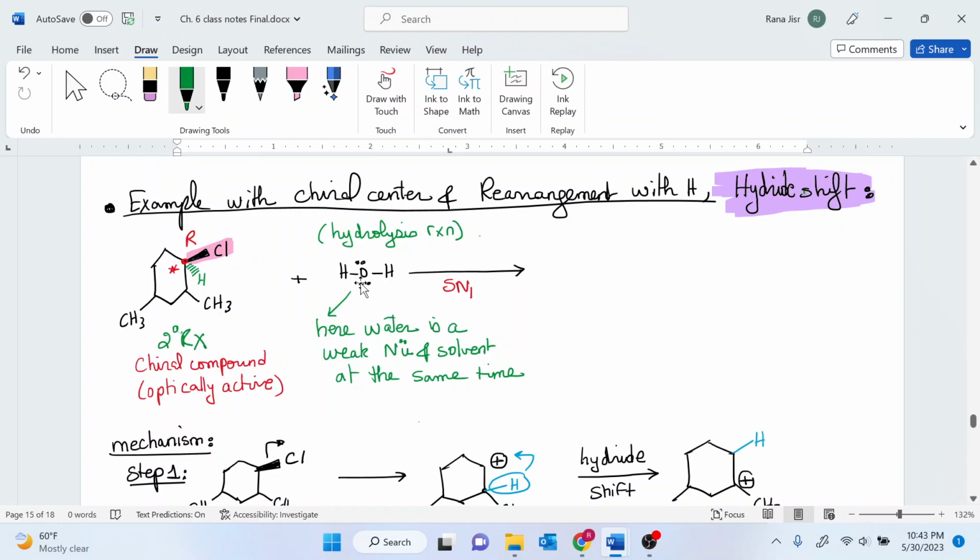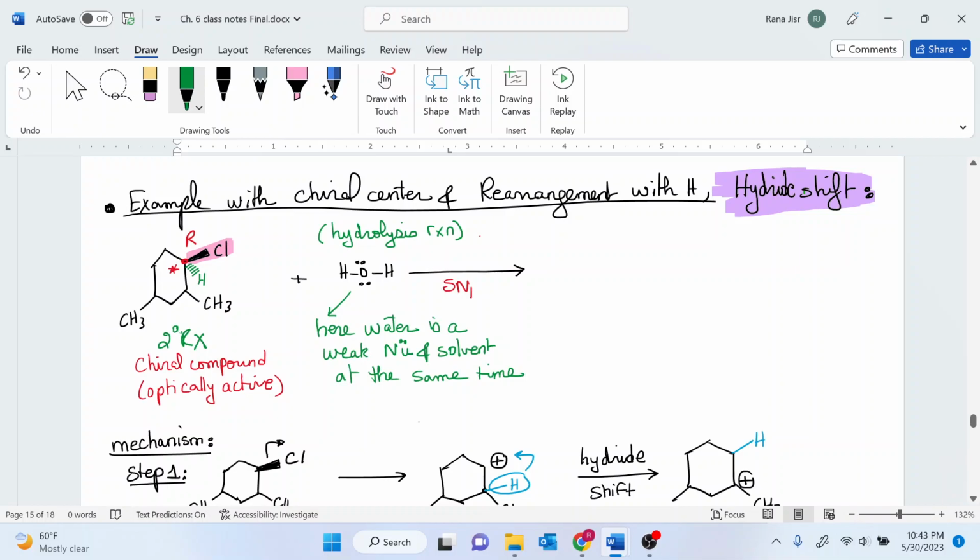Water is a neutral nucleophile, so water is going to go by an SN1 reaction. Whenever you're using water, and this is especially for SN1 reactions, neutral nucleophiles also act like solvents. So I can use this nucleophile as a nucleophile, and whenever I want to use it as a solvent, I will use it as a solvent. So I don't need to put a solvent in here.